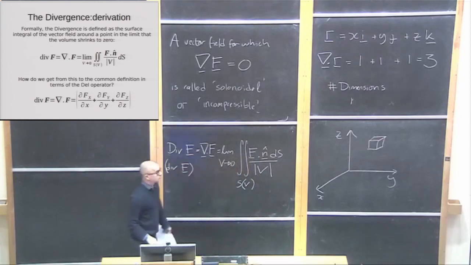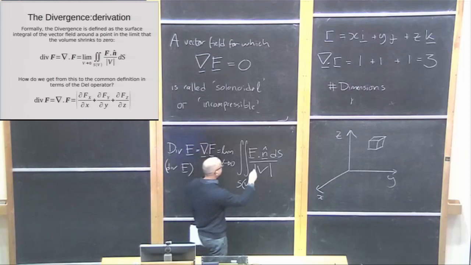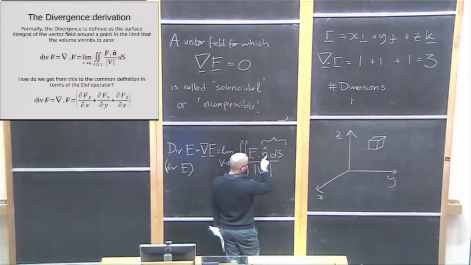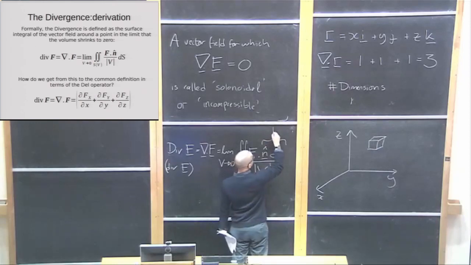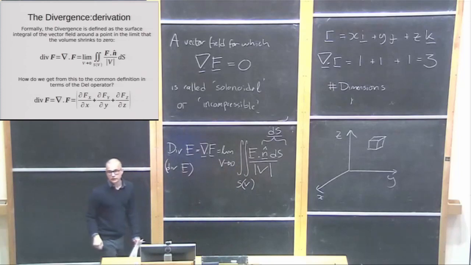Okay? So that should be the same expression which is up there. It is, that's good. And of course, recall this expression here, n hat scalar dS, is entirely equivalent to the vector area dS, and the two are used interchangeably.